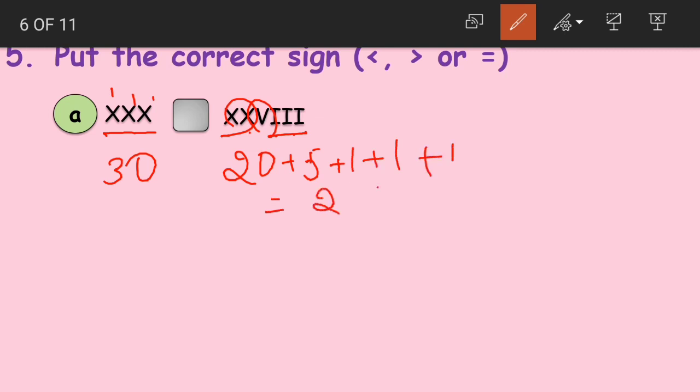Now the total will be 28. 20 plus 5, 25. 26, 27, 28. Yes, children? Now tell me which is the bigger number here, 30 or 28? Yes, 30. So open the mouth towards 30 or simply put the greater than symbol. 30 is greater than 28.